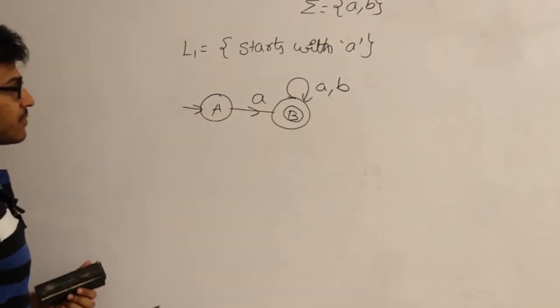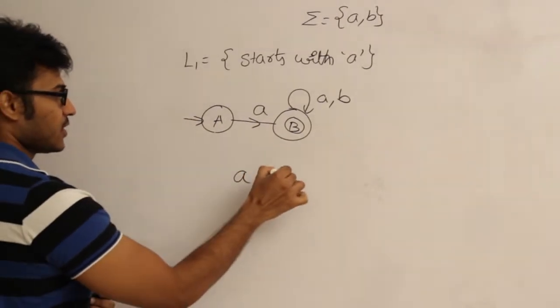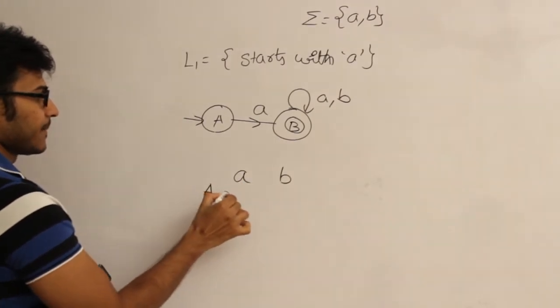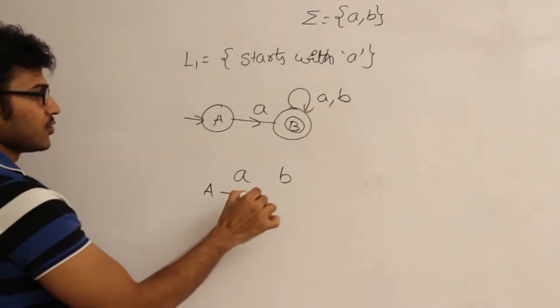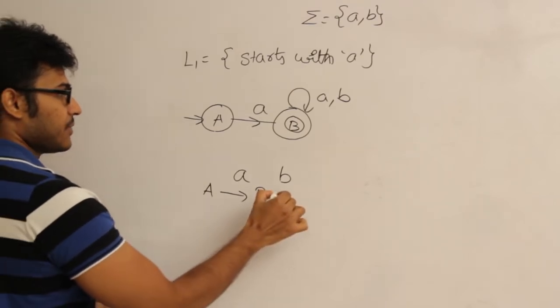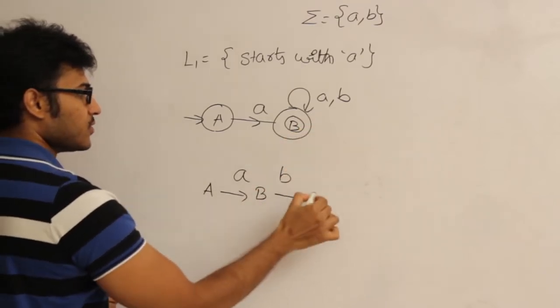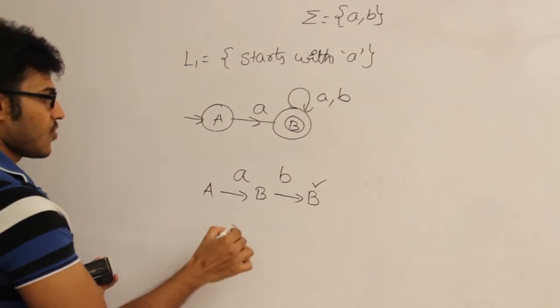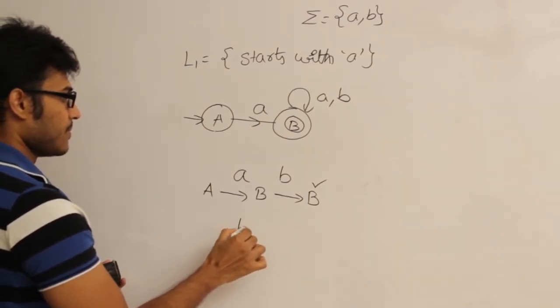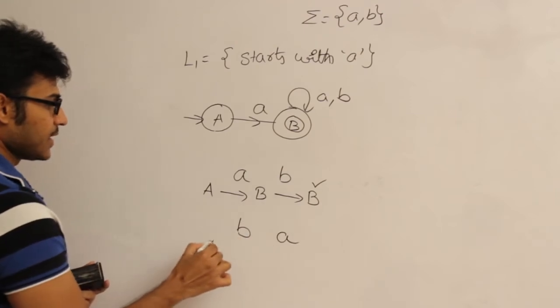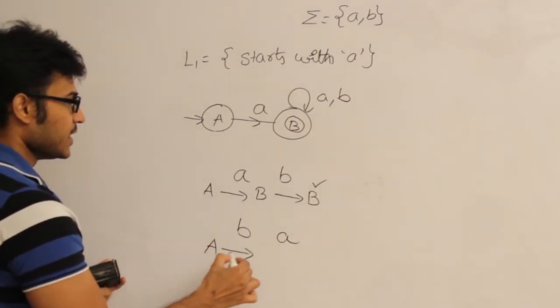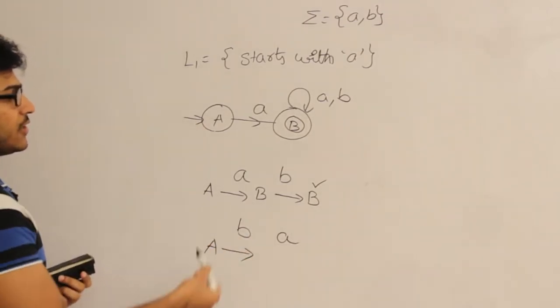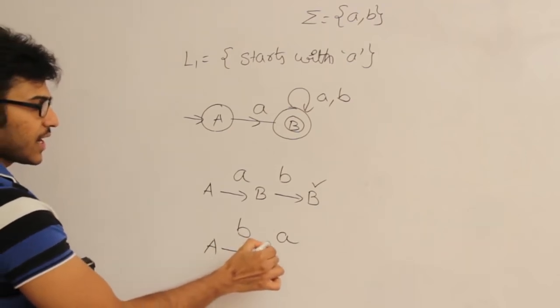So let us see an example. Let us say what happens on AB. Capital A on small a is going to capital B, and capital B on small b is going to capital B. Therefore, I am going to accept it. Now let us say what happens on BA. Capital A on small b doesn't have any move, therefore it is going to end there.